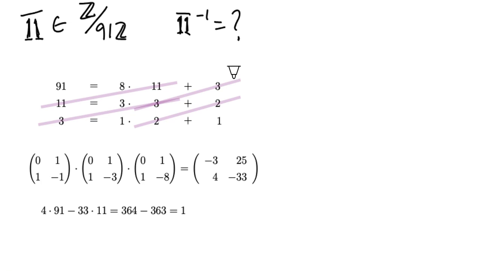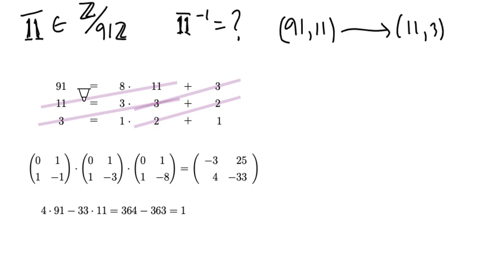So in this process, notice the shifting mechanism going from 91, 11 shifting down to 11, 3. And then the mechanism where we shift from 11, 3 to 3, 2.